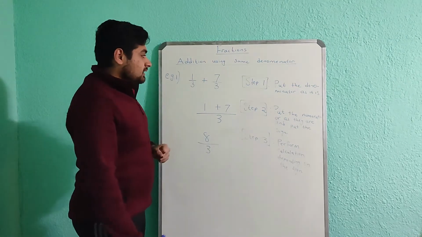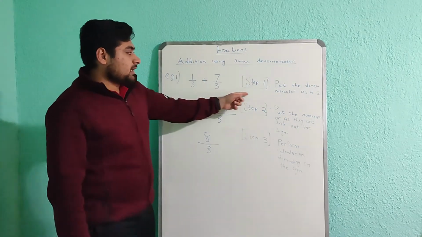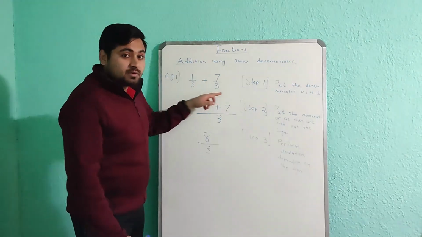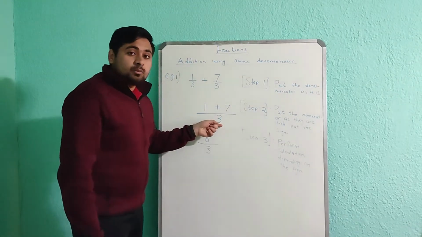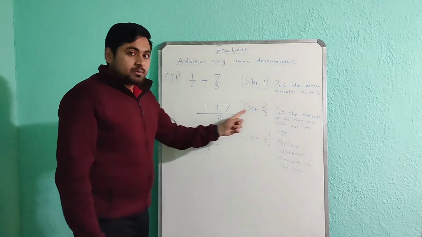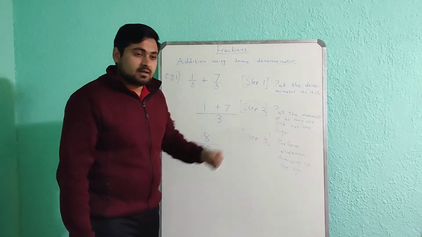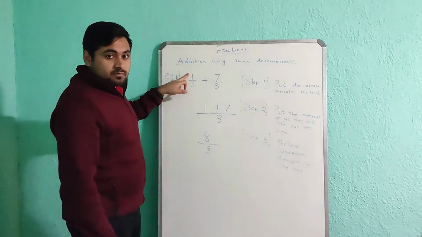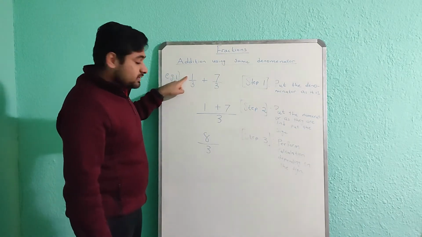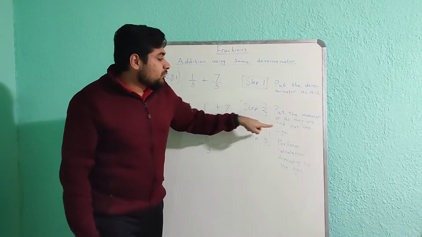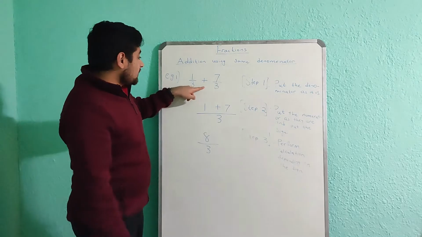Let's revise again. What did we do? Step 1, put the denominator as it is. Since we have seen both the denominators are the same, we have put the denominator as it is. What was step 2? Put the numerators as they are and put the sign. What is the numerator of the first fraction? It's a 1, right? Then what is the sign?